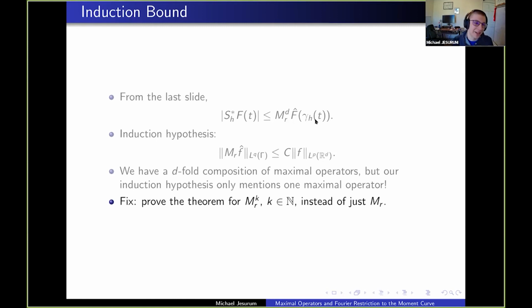So we have to go back to the beginning. We have to do everything all over again, prove the theorem for arbitrary compositions of maximal operators. And this is going to make it much trickier. All of the same ideas work, just it gets messy. The notation is horrible, but it does go through.